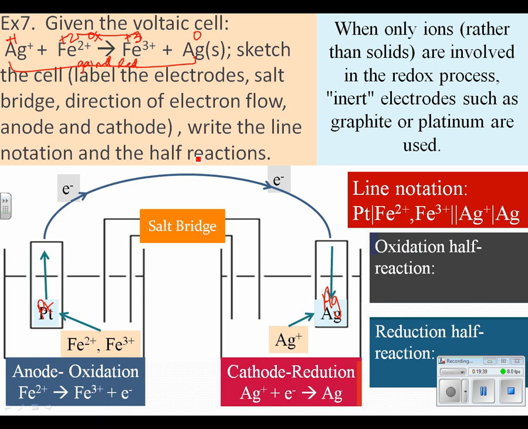Then we do our double line for our salt bridge. Then we do our silver ion plus our silver. And then if we're going to do our oxidation half reaction, we're writing what is underneath the anode there: Fe2+ yields Fe3+ plus 1 electron. And then for our reduction half reaction, we would write Ag+ plus e- to cancel that charge out, which would just equal Ag.